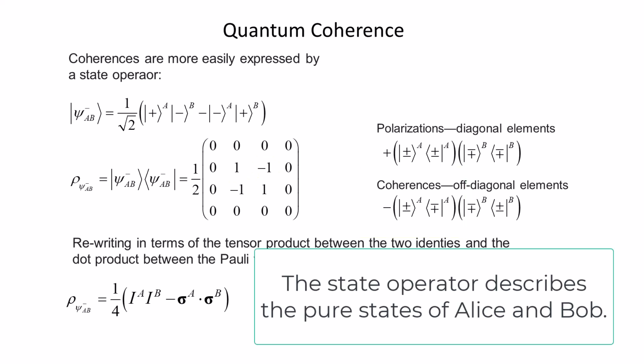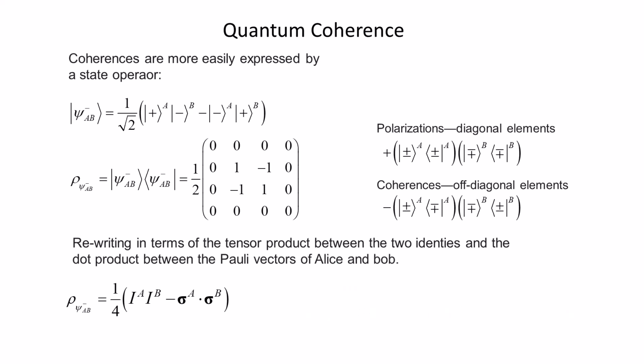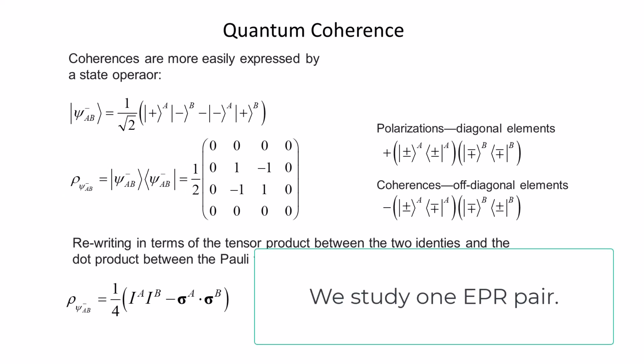I call this a state operator, and not a density operator, because the singlet state is a pure state, and therefore so is the outer product. A density operator also can account for mixed states, but we are interested in one EPR pair of two particles that separate from the entangled source.